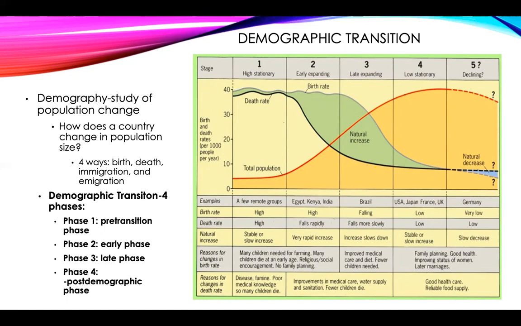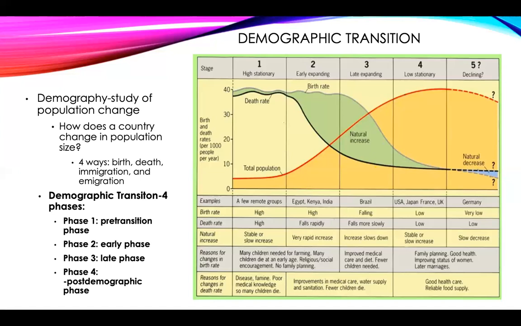And this is also because a lot of these countries are now going from agrarian to more industrial lifestyles, and the need for a lot of children isn't necessarily there if you aren't working on a farm. And so we call this late expanding. The increase is still happening, but it's slowing down.